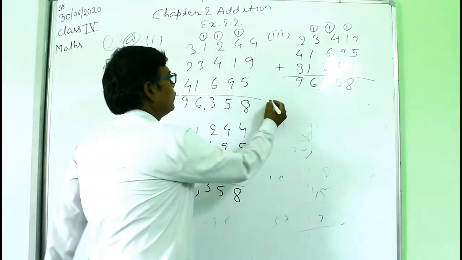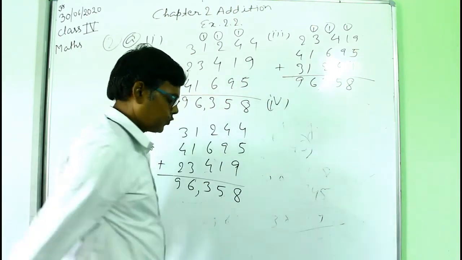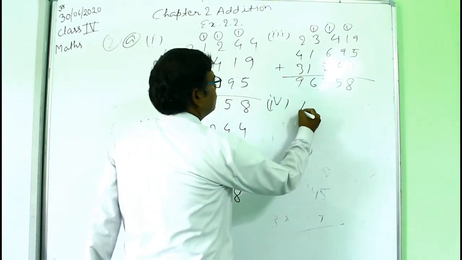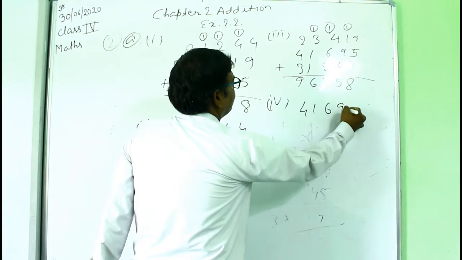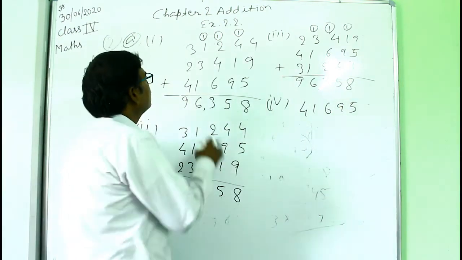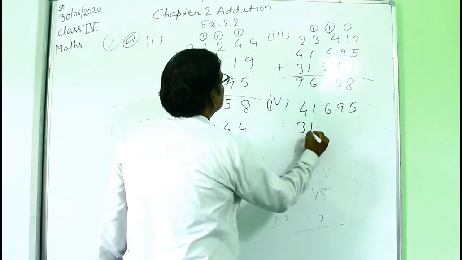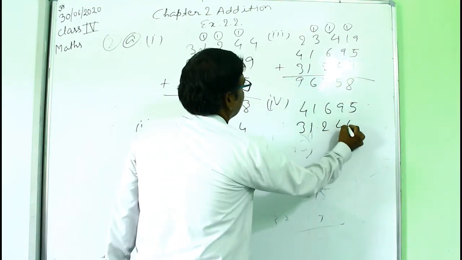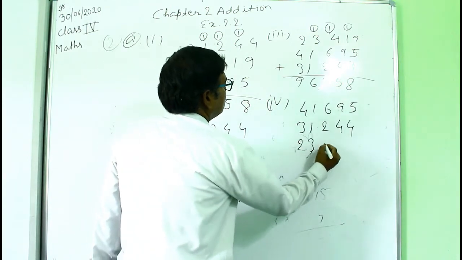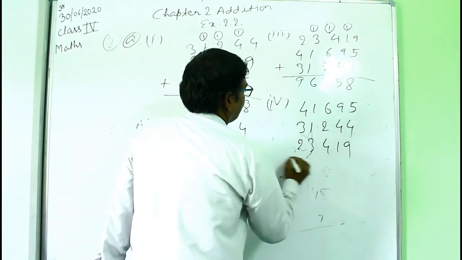Now the fourth one is here. The first number is 41,695, the next number is 31,244, and the third number is 23,419.